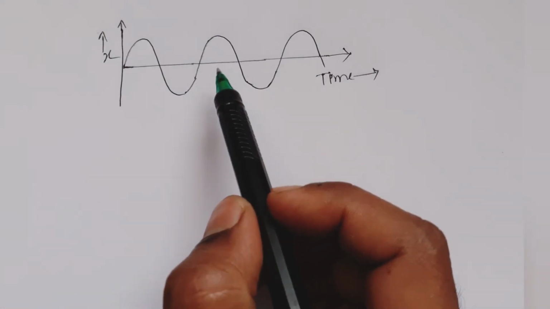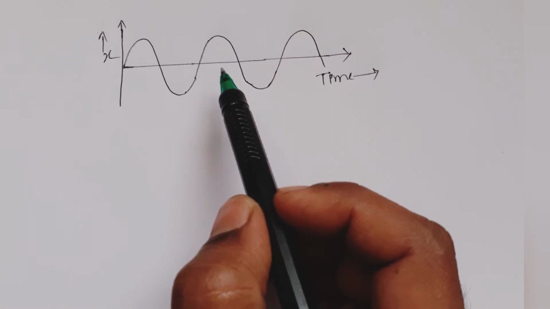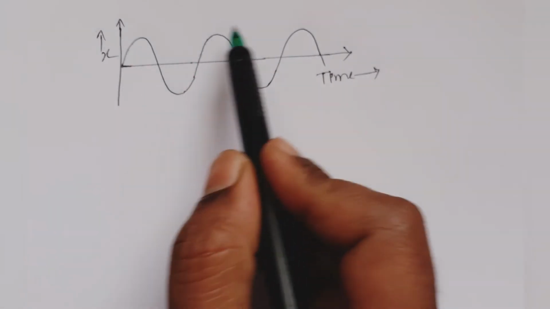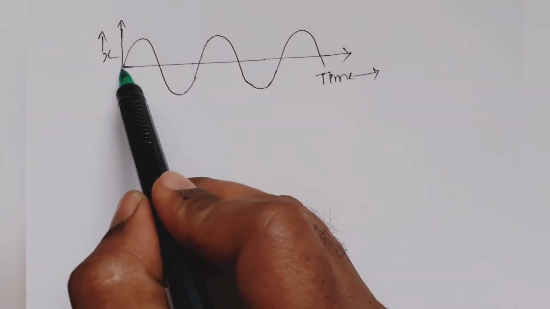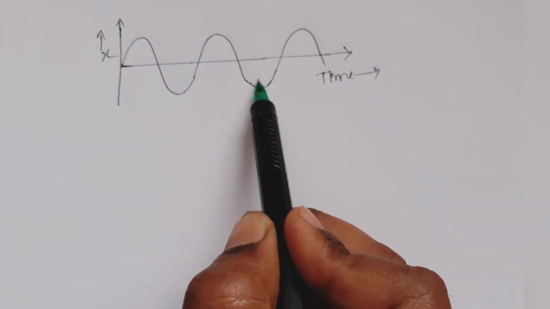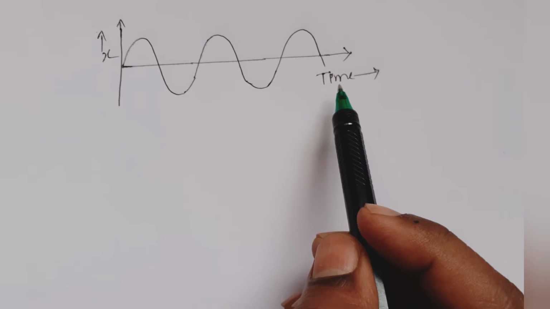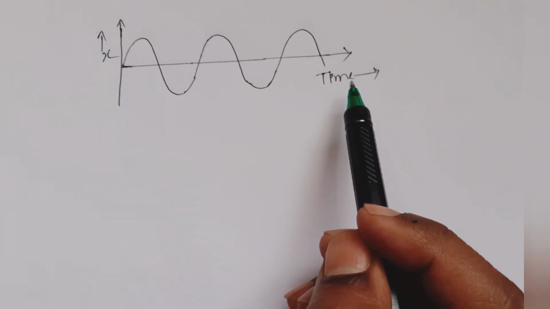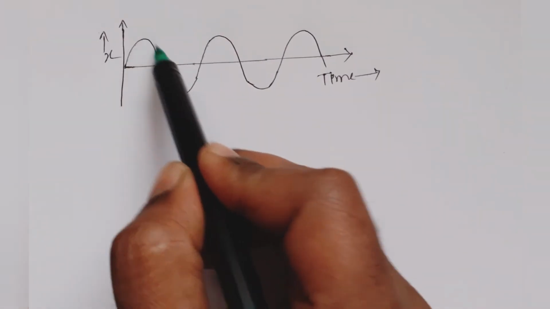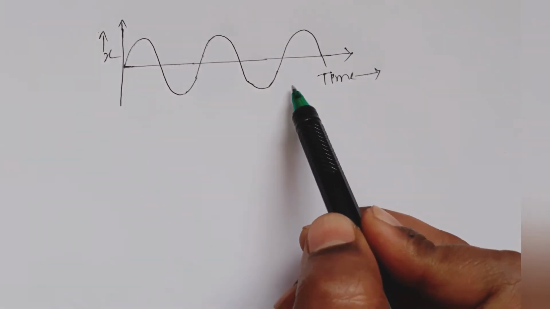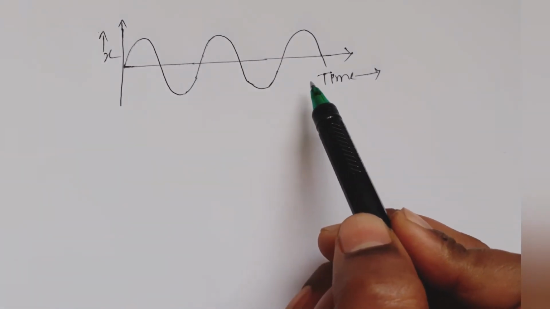This is the graphical representation of free oscillations, which is a sine wave with crests and troughs. It is up and down in the case of a spring loaded with a mass. In the case of a simple pendulum, it is left and right, the to and fro motion.